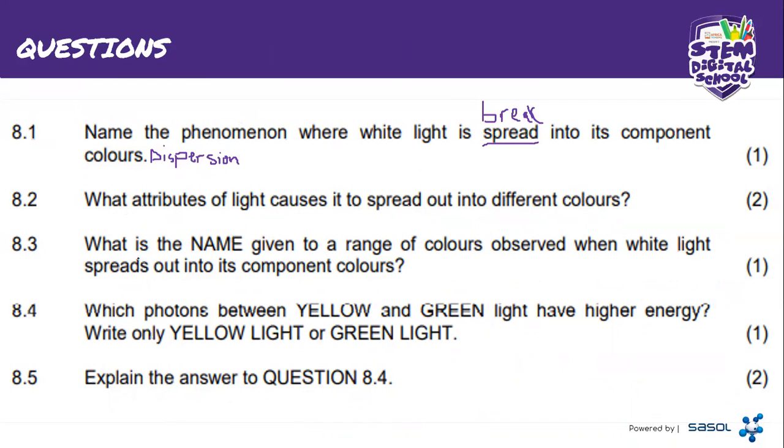Then what attribute of light causes it to spread out into the different colors? And we know it is the frequency and the wavelength of the light.